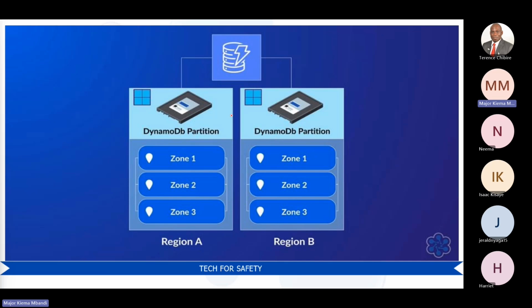The same thing can happen here. A dedicated area of storage attached to the table. Remember, DynamoDB makes use of tables, and it is automatically replicated synchronously across 3 availability zones. So you see availability zone 1, availability zone 2, and then availability zone 3, automatically. So if you have that in a single region, then in the next region, if you use global tables, you can have the same thing, 1, 2, and also 3.